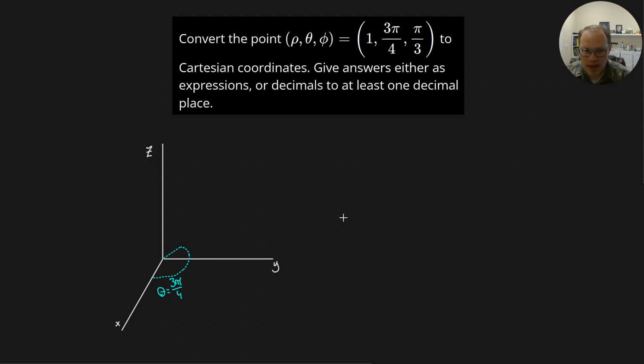Once I'm pointing in that direction, now let's worry about that azimuthal angle phi. It's the angle I come down from the positive z-axis. So in this case, it's pi over 3, that's 60 degrees. So 60 degrees, and I'm pointing in this direction in the xy plane. So I'm going to come down in this plane.